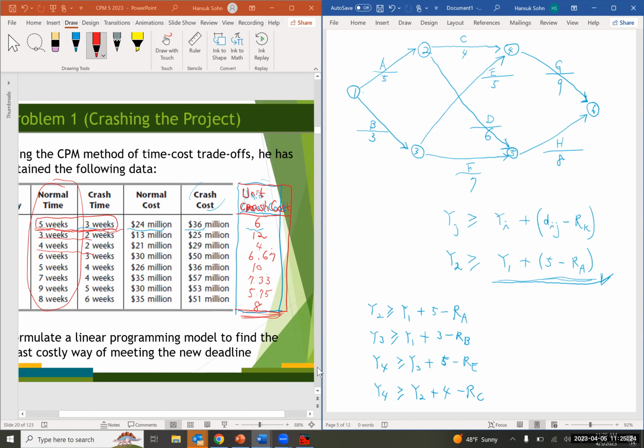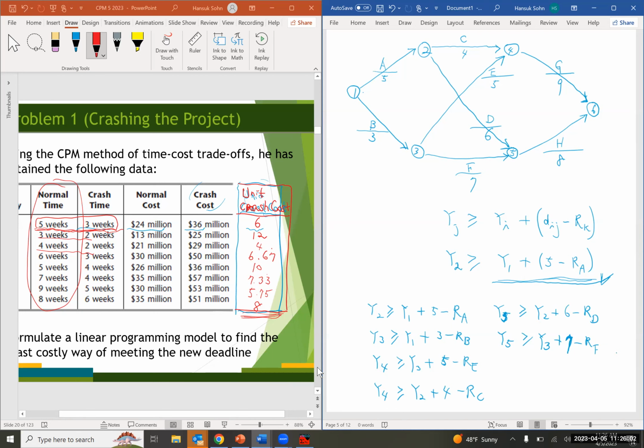And then what? Y sub 5 greater than or equal to y sub 2 plus 6 minus r sub d, y sub 5 greater than or equal to y sub 3 plus 7 minus r sub f, right? This is 7.